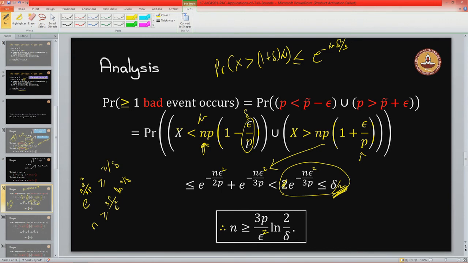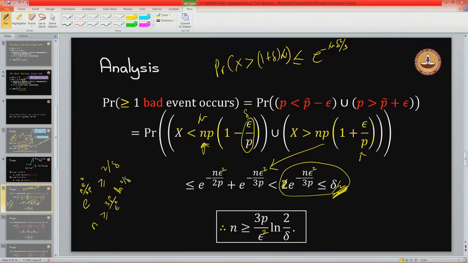we are fine. But there is one pesky issue. There is this p showing up. P is really what we want to estimate, but there is a p showing up there. What do we do with that? Yeah, exactly. You just want a large enough value of n. So simply get rid of the p, and your value of n is going to continue to be sufficiently large.